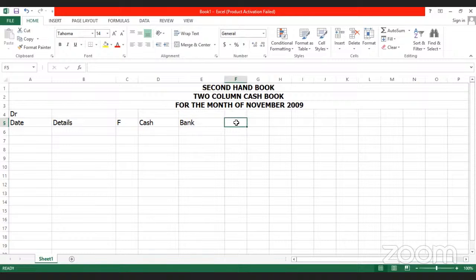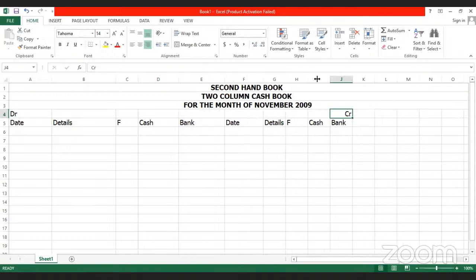Then on the credits, you still need a column for the details, a column for the folio, a column for cash, then a column for bank. Remember, this is your credit side. So you just need to rule out your page.